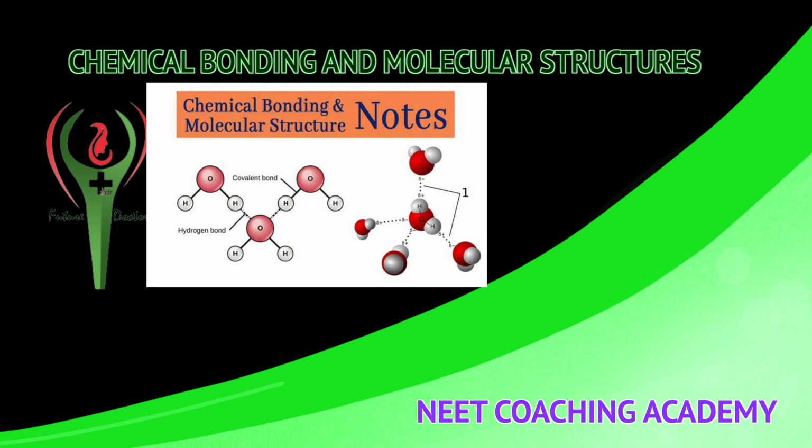In the same way, we have to write the Lewis structure for other molecules like BeCl2, PCl5, etc. If you write the electron dot structure for BeCl2, the octet of beryllium is not completed.